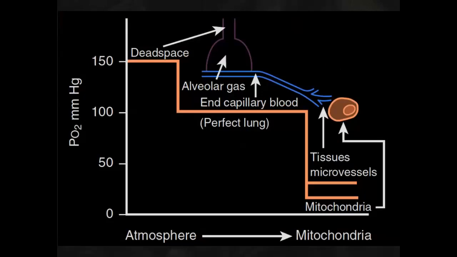This drop of 50, a third of the oxygen is lost between the atmosphere in your alveolus and the blood in your lungs. It's because there's continuous removal of oxygen into the body and supply of new deoxygenated blood.